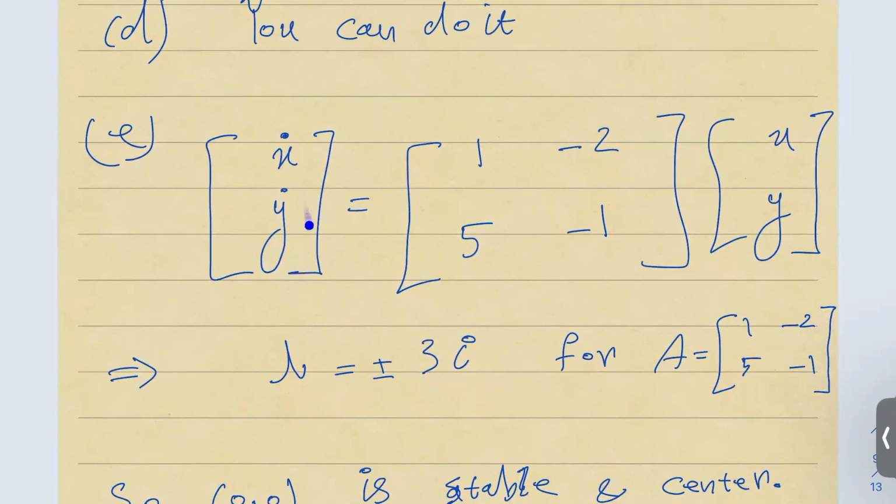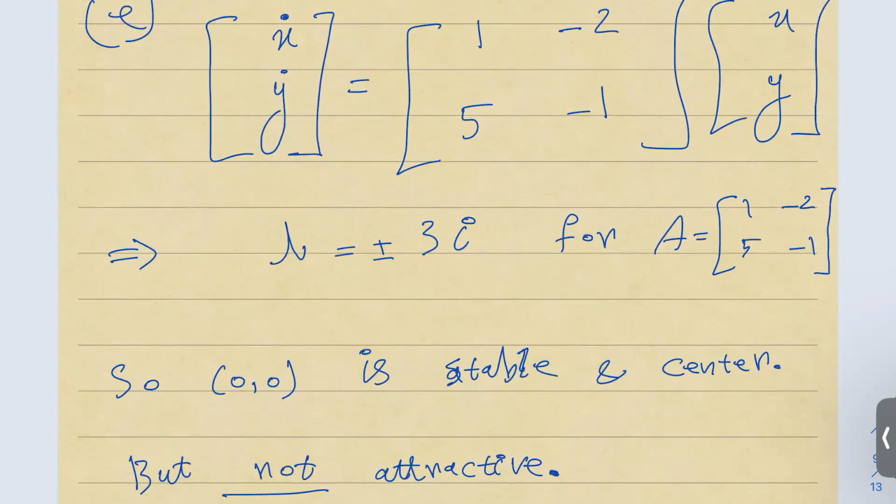Part E is this guy, A times xy. So see, I have written lots of details for you. Lambda plus minus 3i. So this time it is complex. For complex ones, we look at the complex eigenvalues. If the real part is positive, then again we have instability. However, it will be unstable by circling, but anyway, it will be far away from the critical point.